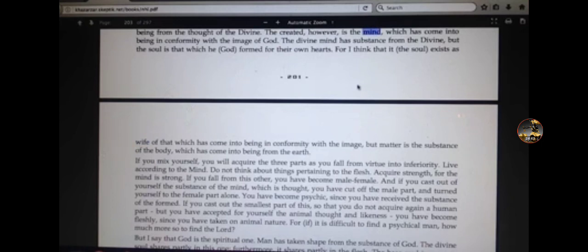Your thought process, your thought is sound, which is the word. Thought, sound. Those that can read minds can hear thoughts, can hear the sound. But the soul exists as a wife in conformity with the image, but matter is the substance of the body which has come into being from the earth.